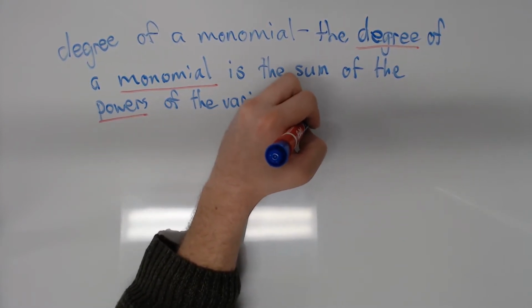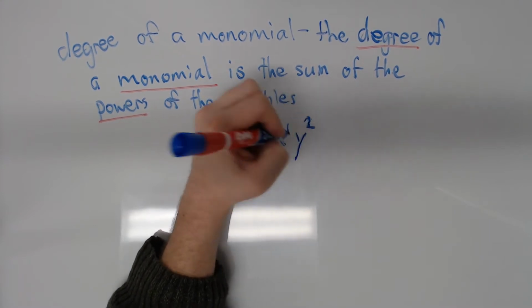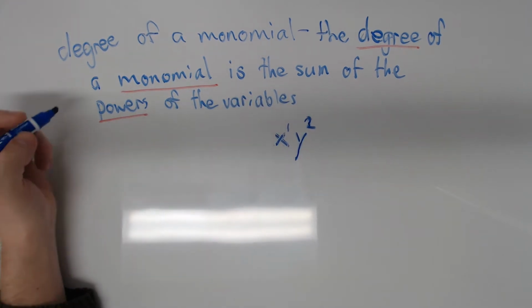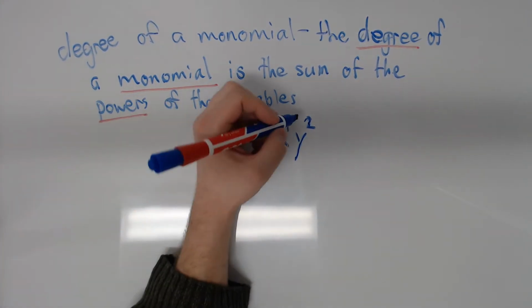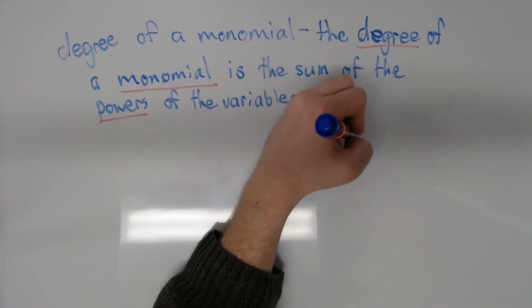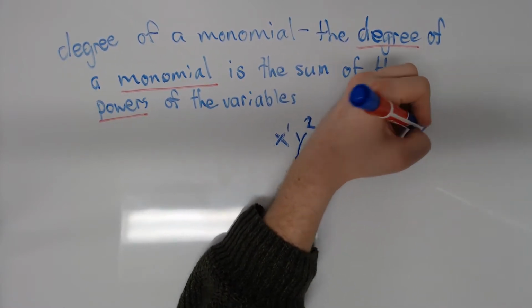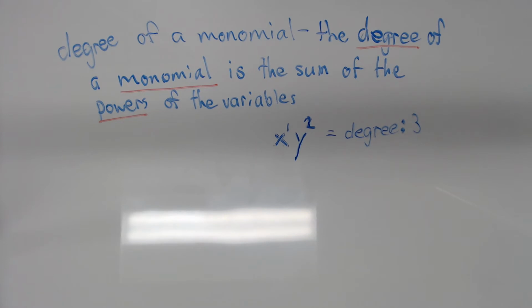The degree of this term would be 3, because I do the sum of the powers. So 1 plus 2 is degree of 3. So this is what degree means for a monomial.